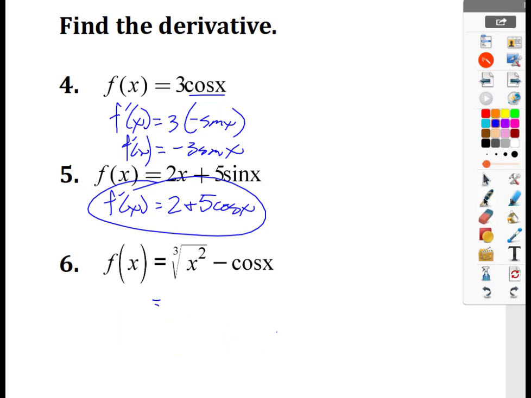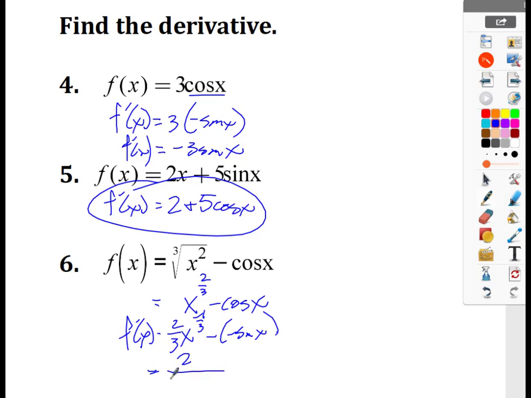That should have been x to the 2/3. Root goes on the denominator. So f prime of x is going to be 2/3 x to the negative 1/3 minus negative sine of x. So I'm going to clean that up. So 2 over 3 x to the 1/3 plus sine of x is your derivative. Okay.